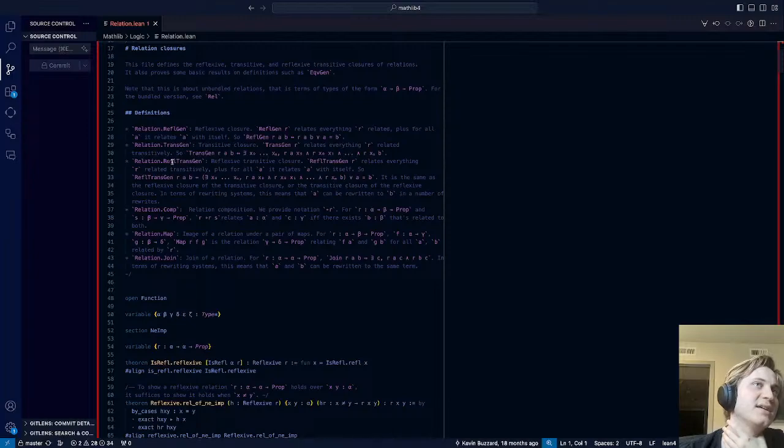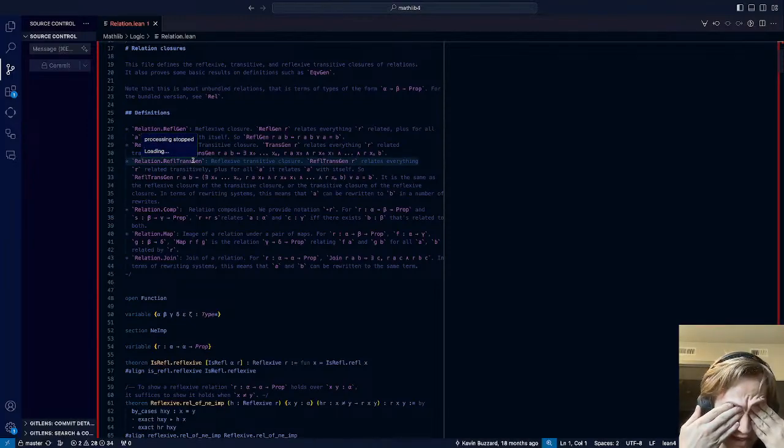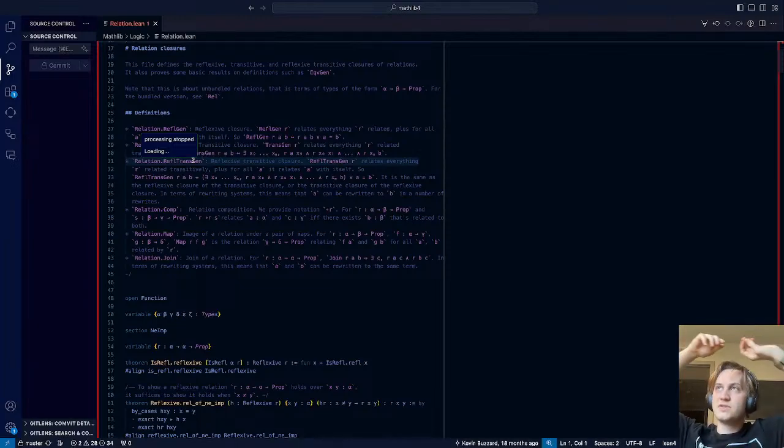It should be the case that refultransgen, the way it should be defined, is the reflexive transitive closure. It should be equal to the transitive closure of the reflexive closure of that relation, right? Because if I take the relation and take the reflexive closure, the resulting thing will have all the things in it. Yeah, I think those two things are equal.